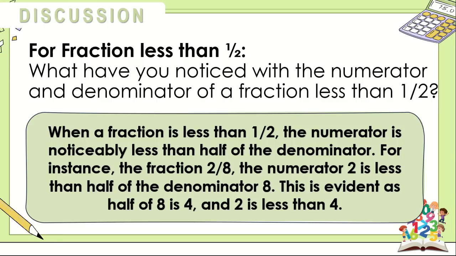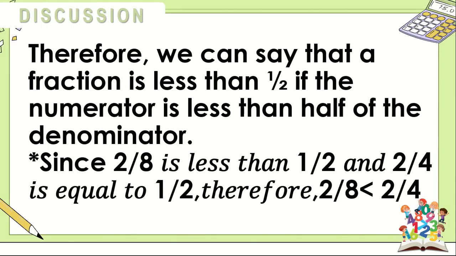This is evident as half of 8 is 4, and 2 is less than 4. Therefore, we can say that a fraction is less than 1/2 if the numerator is less than half of the denominator. Since 2/8 is less than 1/2 and 2/4 is equal to 1/2, therefore 2/8 is less than 2/4.